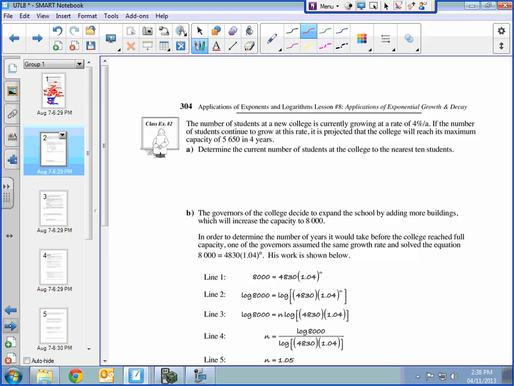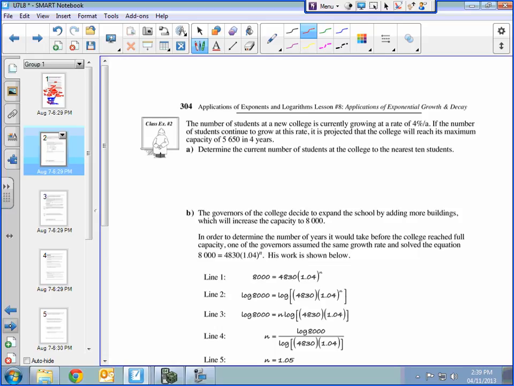Okay, so class example 2. Number of students in a new college is currently growing at a rate of 4% per year. So let's stop right there. If I'm growing at a rate of 4%, what is this value going to be in my exponential function? It'd be 1 plus 0.04. You're close.